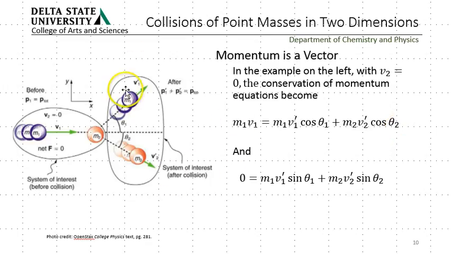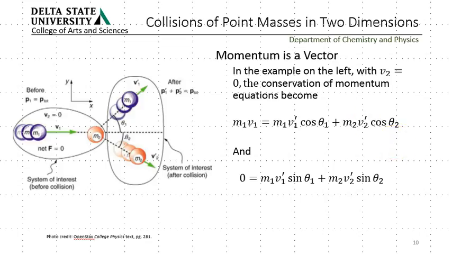The y components all add up. And this set of equations is the result of working through this collision. Now, look at the number of unknowns we have: V1 prime, V2 prime, theta 1, and theta 2. You need more information than just your starting condition to figure out the answer. There are a few too many unknowns here.